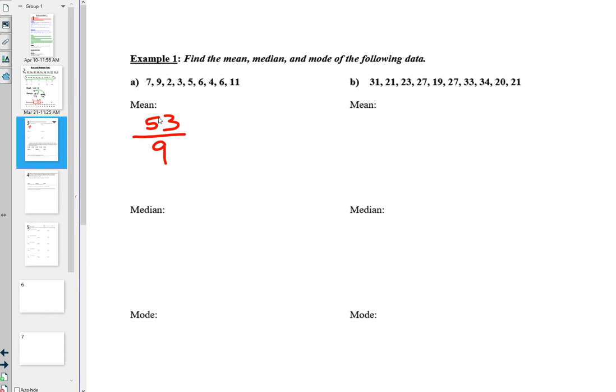It looks like it's going to be a pretty nasty decimal. It's going to be like 5.6. So then what did you get then? It doesn't tell you what to round to. So let's just say it's going to be around 5.9.